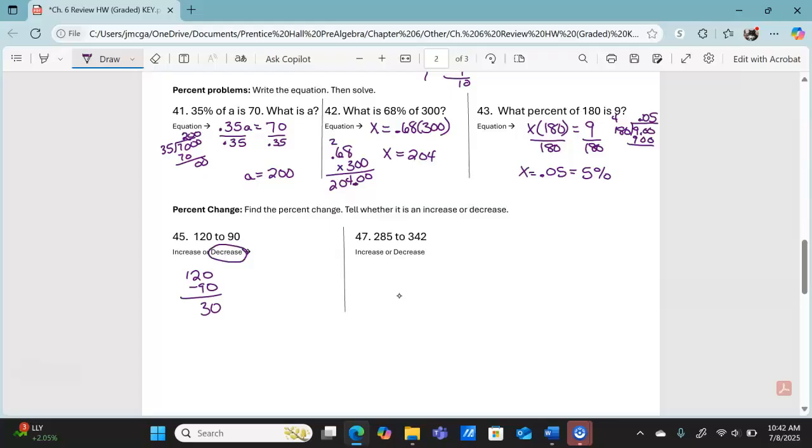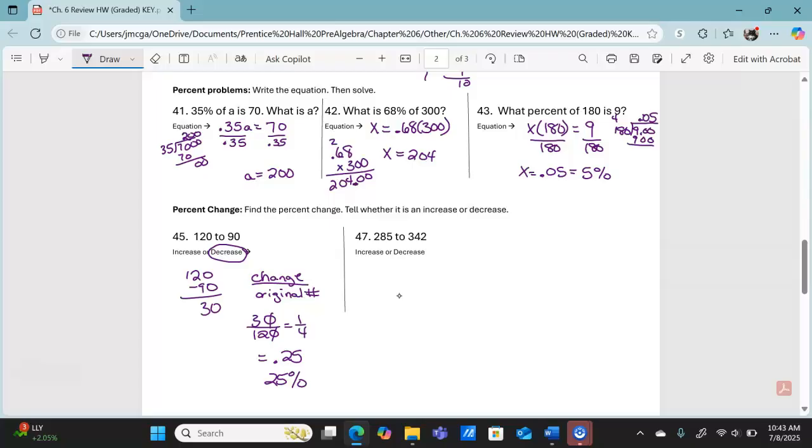And then how you do this is the change divided by the first number or the original number. So we're going to have 30 over 120. I'm going to reduce this fraction to 1/4, which is 0.25, which is 25%. So I don't have to go into longhand division.